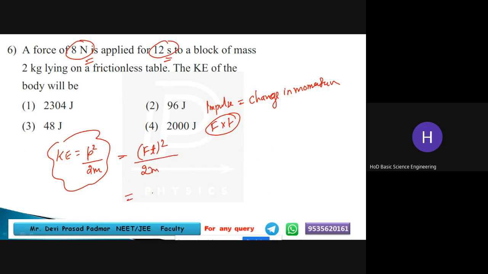Just substitute the values: (8 into 12) square divided by 2 into mass, and mass is 2 kg. Simplify this, and you will get 2304 joule. Please check that.